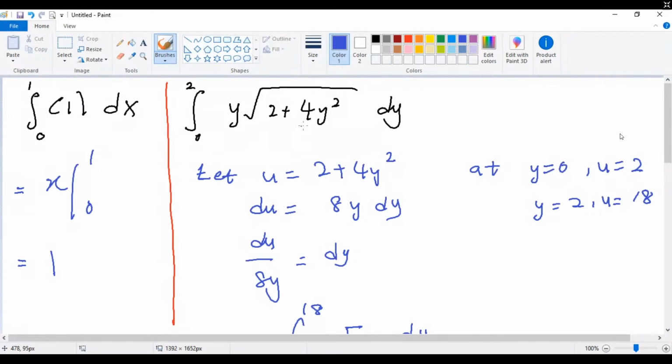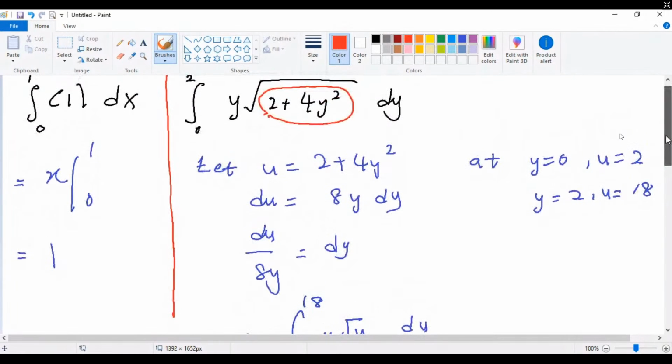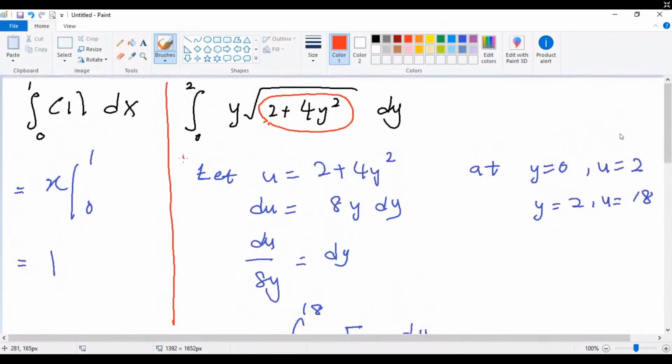You substitute the value of x from 0 to 1. For the y here, we need to apply substitution. Inside this square root, I use the substitution u equals 2 plus 4y squared. So du is 8y dy, and dy is du over 8y, because we want to change into variable u. The limits also need to change: at y equals 0, u is 2, at y equals 2, u is 18.